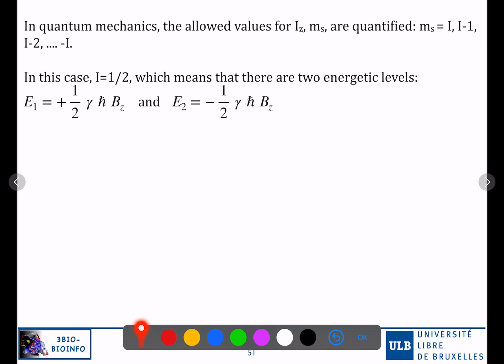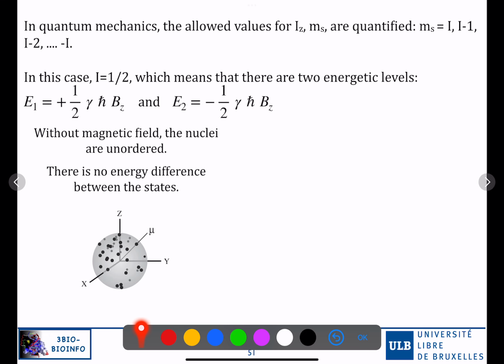And so if I take the equation that we have seen just in the previous slide, you will see that you have thus only two energetic levels for hydrogen 1 in a magnetic field. The first energy level is plus 1/2 gamma h bar Bz, and the second energy level is equal to minus 1/2 gamma h bar Bz.